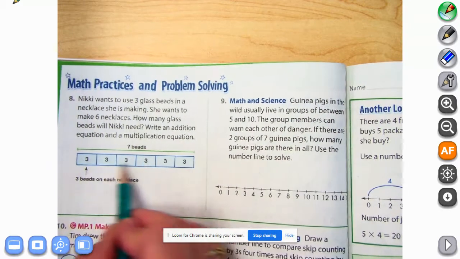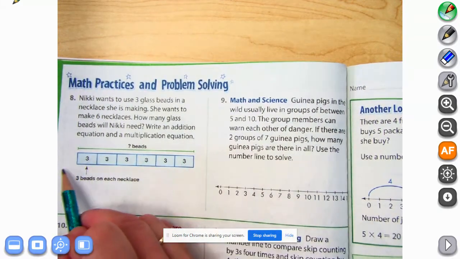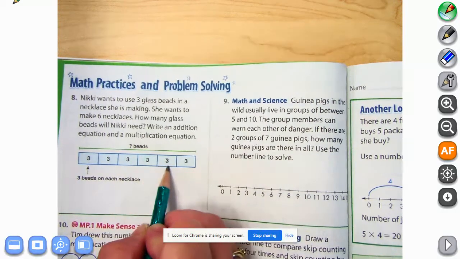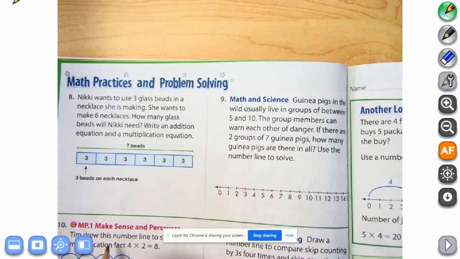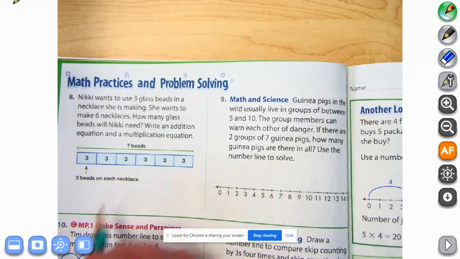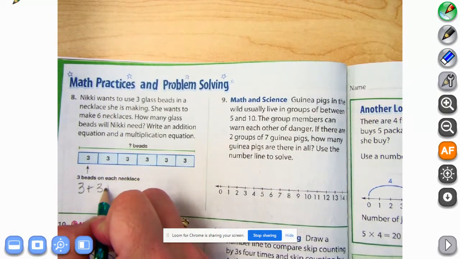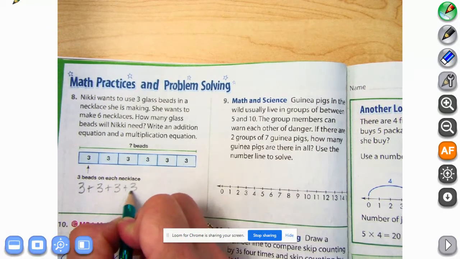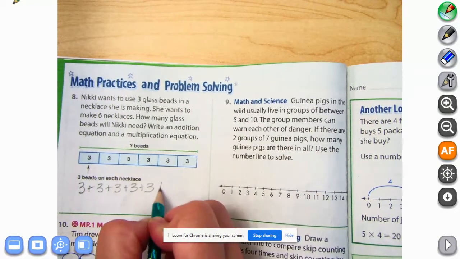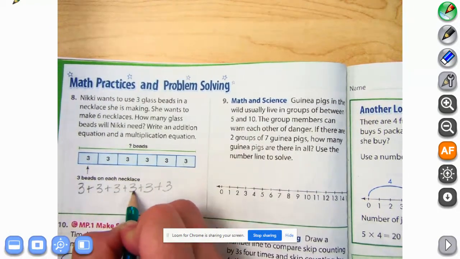And look, they gave us a nice little bar diagram already. We have 1, 2, 3, 4, 5, 6 groups of 3. So for addition, we're going to do 3 plus 3 plus 3 plus 3 plus 3 plus 3. 1, 2, 3, 4, 5, 6.